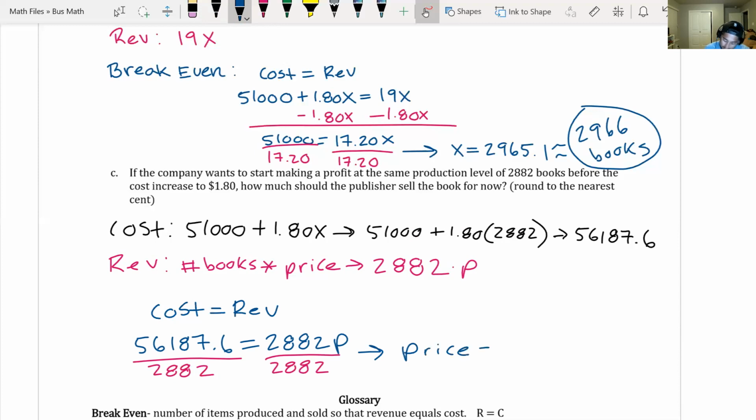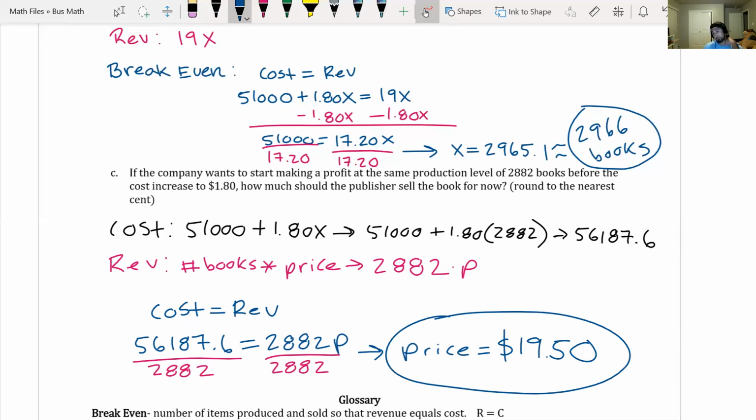And with that being said, to the nearest cent, this means that in order to keep up with the new cost and to still produce the same amount of books, 2,882 books, the new price we must sell these books for is $19.50.